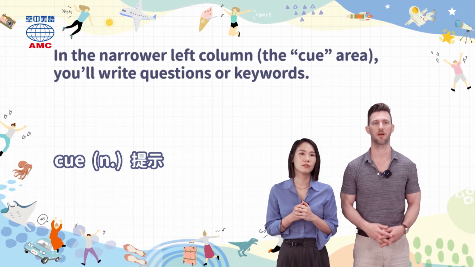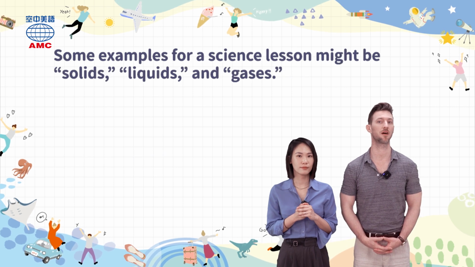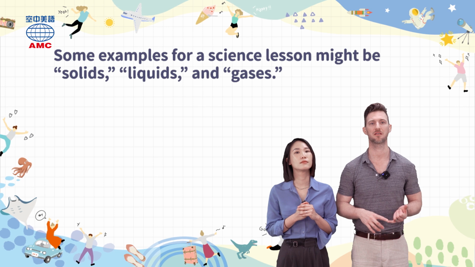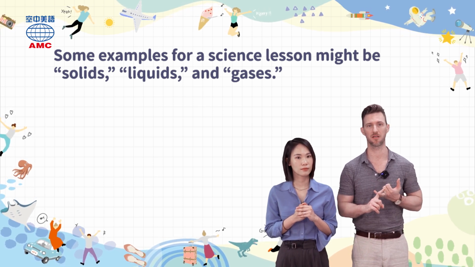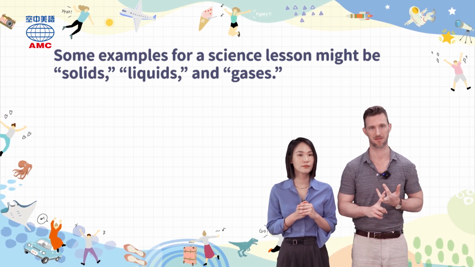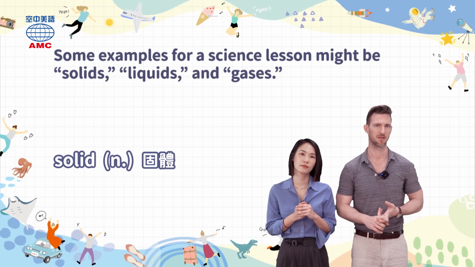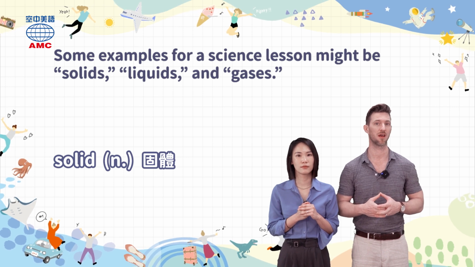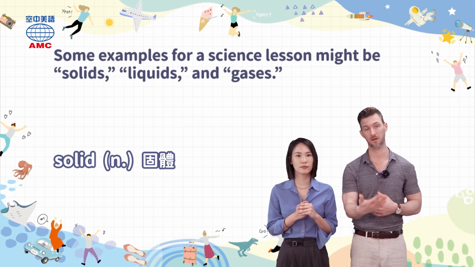Okay, so an example of this, our article says, is some examples for a science lesson might be solids, liquids, and gases. And there we see the word solid. Solid is something that has a firm shape and is not a liquid or gas.